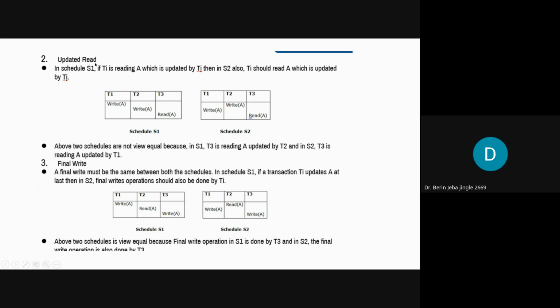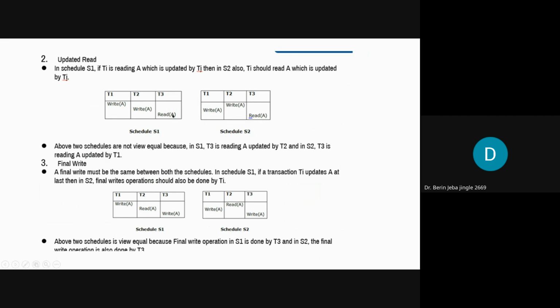Next one, updated read. Here also we have two schedules, S1 and S2. In the above schedule, the T3 read A is updated by the write A of T2.